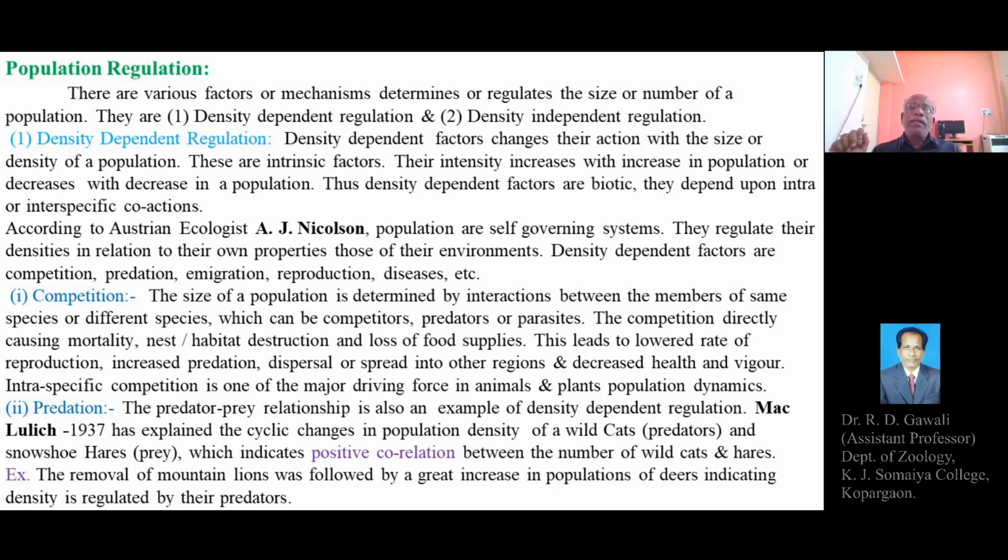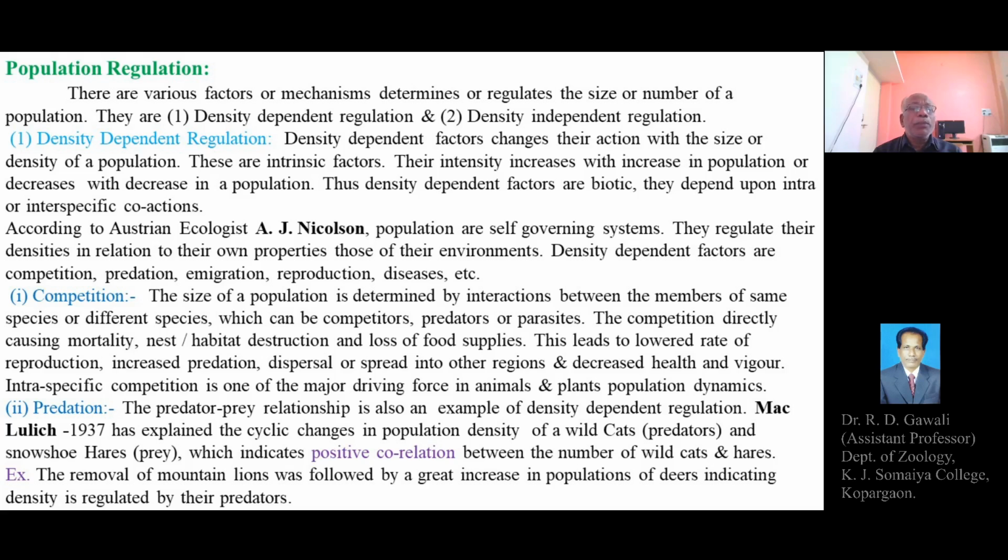So diseases, this is a density dependent factor. These are the density dependent factors which are affecting the population dynamics or the population regulation or control. So density dependent factors are competition, predation, emigration, reproduction, diseases, etc. We'll explain these density dependent factors one by one.